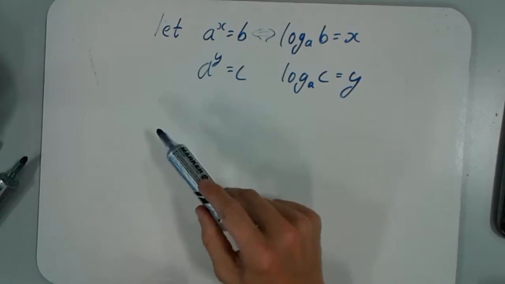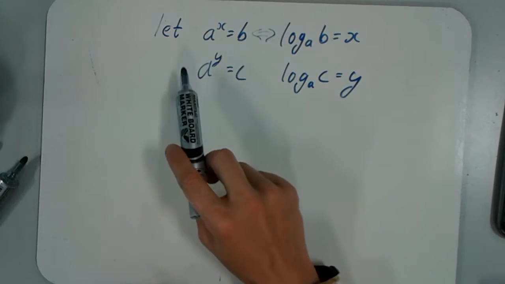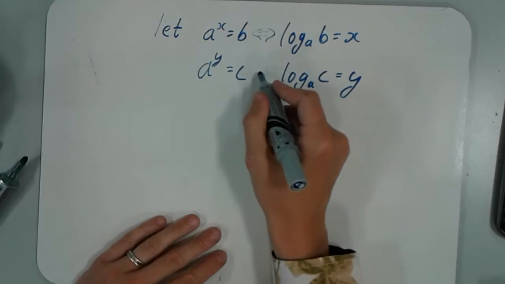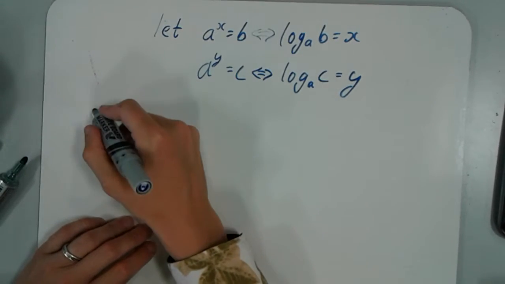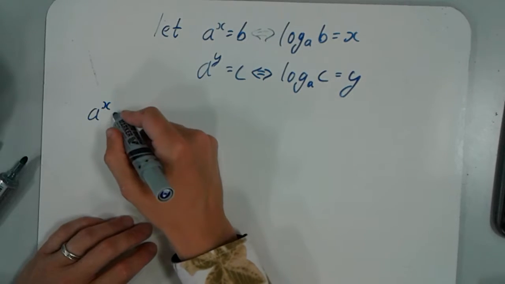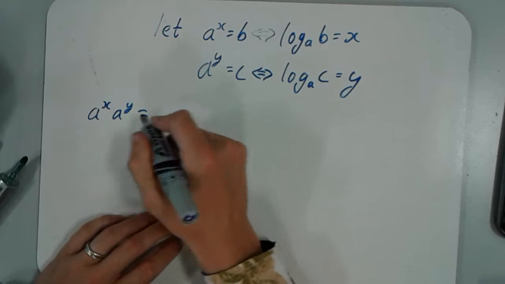So we want to try and derive some rules of logarithms. We know some rules about powers, so let's try and use those to understand something about logarithms. We know that a^x times a^y, from our laws of indices, we can add the powers.